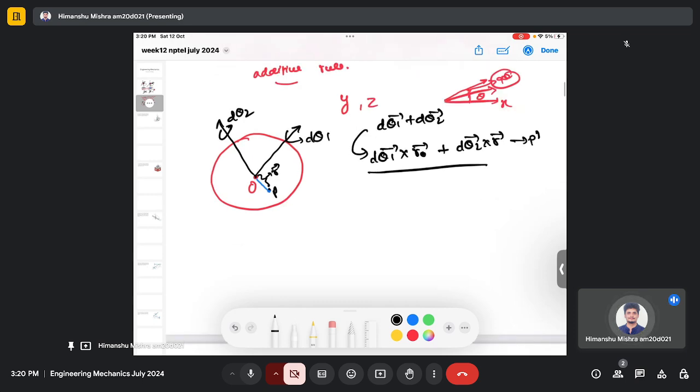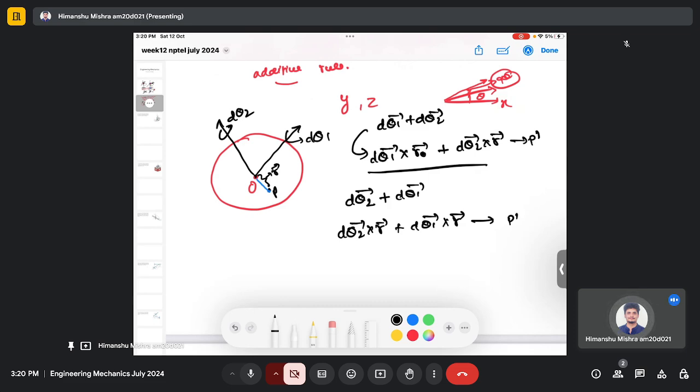Right? Now you do the opposite thing. You consider case 2 where you first rotate this body along d theta 2 and then d theta 1. Then how will the location of point P change? It will be d theta 2 cross r plus d theta 1 cross r, and it will move to the new point P dash.